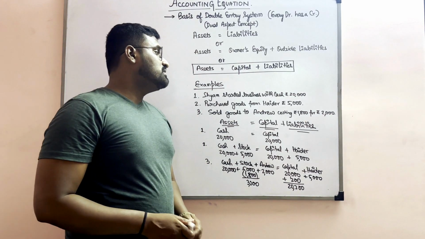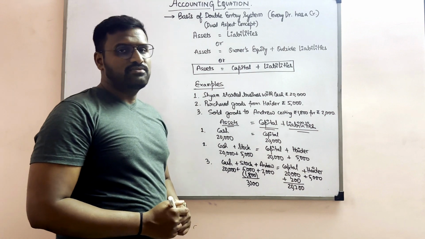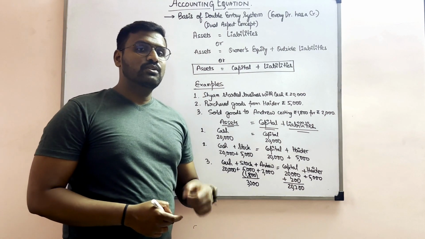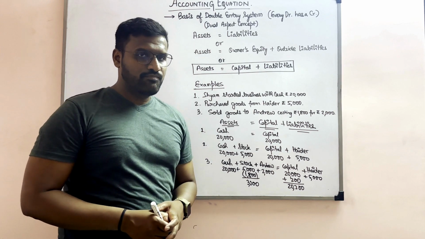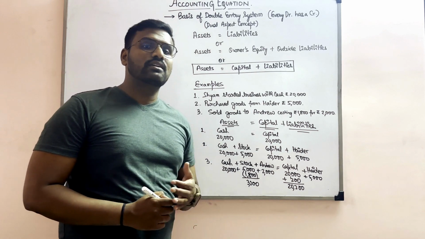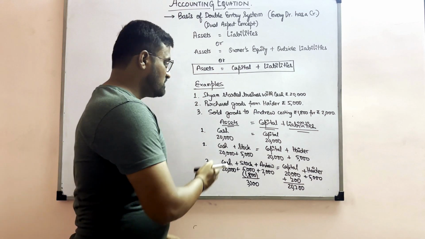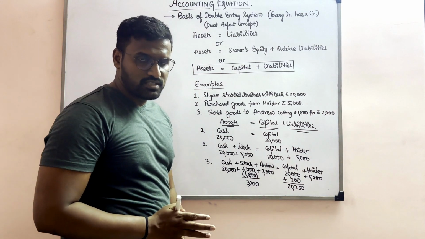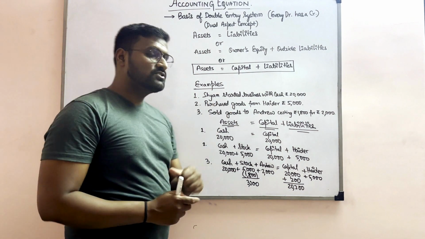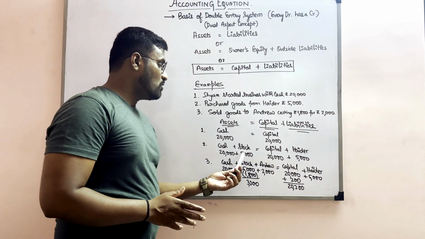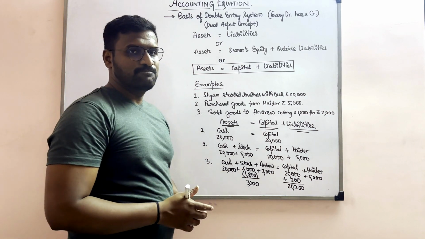Second, we see purchased goods from Heather, rupees 5,000. Now, since the word cash is not mentioned, we'll have to assume that this is a credit transaction. We purchased goods from Heather on credit, which means no cash was paid. Since no cash was paid, our cash remains the same as 20,000. But since we purchased goods, that would lead to an increase in our stock. And hence, we put stock over here as rupees 5,000.